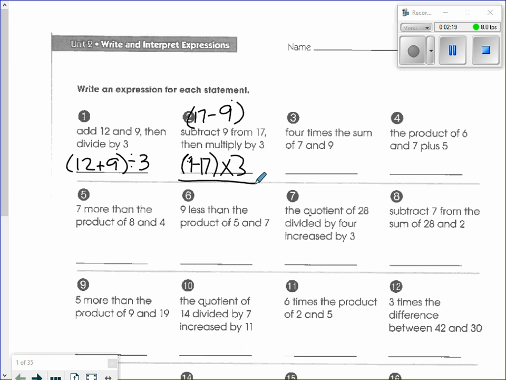Right. And if you did any kind of mental math, or just looked at it and went, oh wait, 9 minus 17, we can't do that in 5th grade. I did that because I wrote it like that, and then I was like, oh wait, yeah, 9 minus 17, we don't do that in 5th grade. Can you do it in higher grades? Yeah.